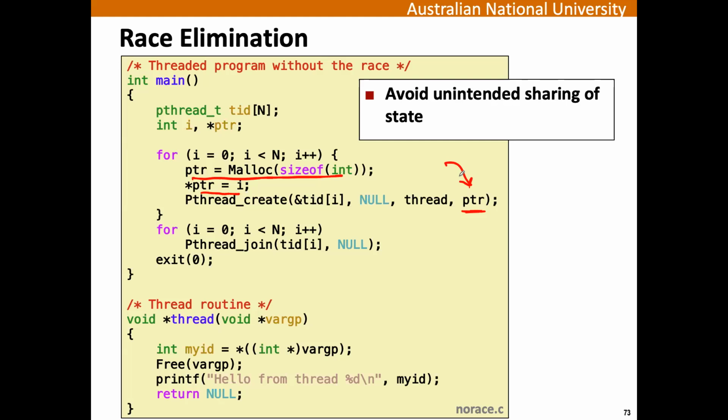Someone reading your code may not look at what you are doing in the main routine, and they might look at the thread, and it's a little bit confusing. So here we are solving it by allocating the variable on the heap and passing the address of the variable. Now there is no race, because for each thread we create a separate instance of I, and the responsibility of the thread routine is to free up the space taken up by I.